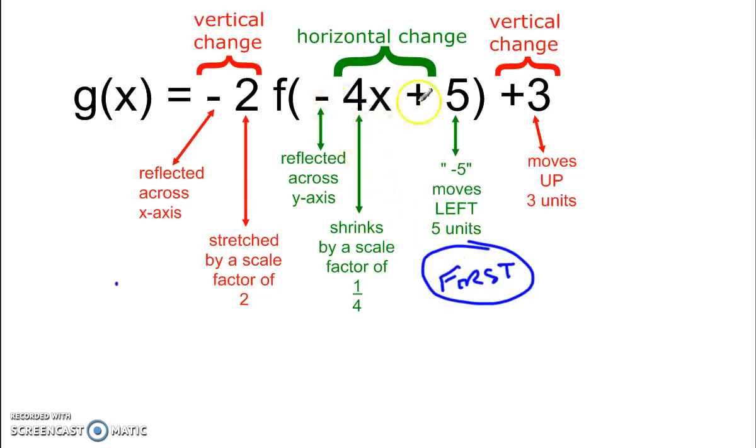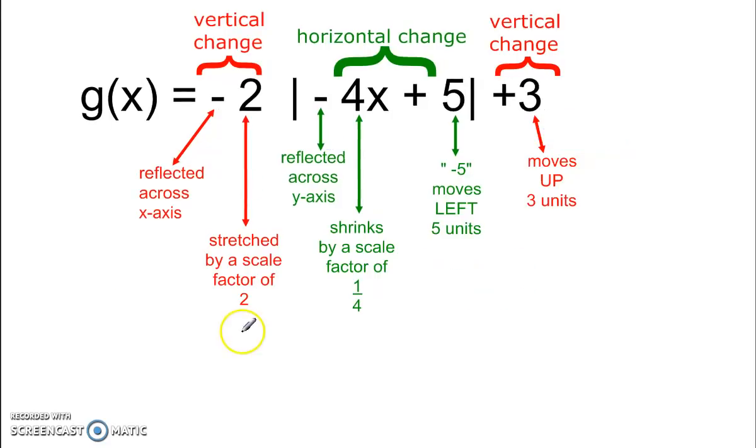Then we stay inside the parentheses, so this is second. This is outside the parentheses, the next steps, 3, 4, and this is last. The last thing we would do is move it up or down. So there's the order for the transformations.